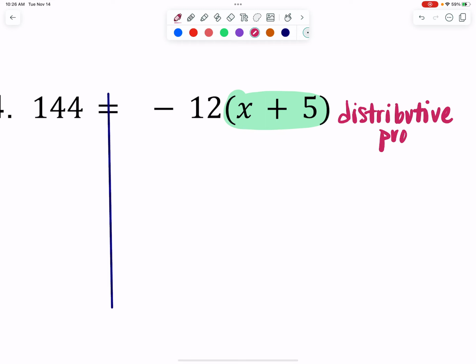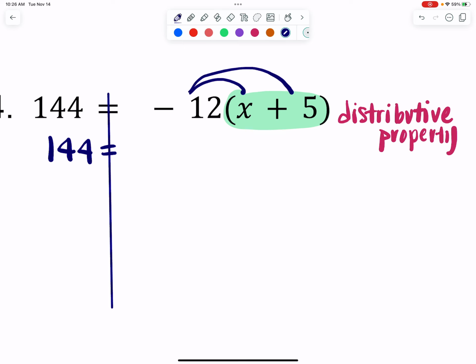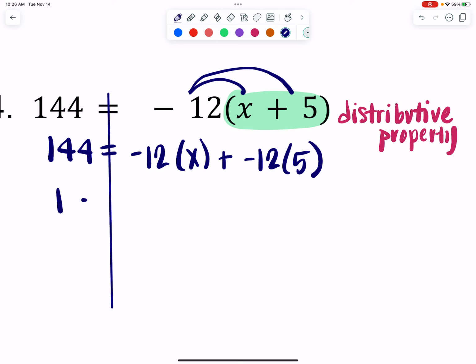So for my first step, I'm going to bring down that 144. Then I'm going to distribute the negative 12 to the x plus 5. So I'll have negative 12 times x and negative 12 times 5. That leaves me with a negative 12x minus 60.